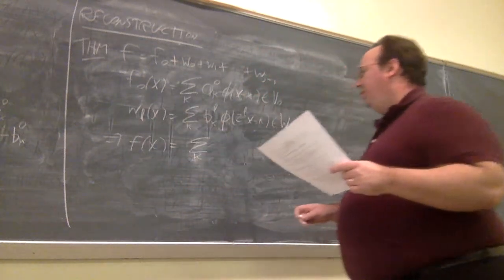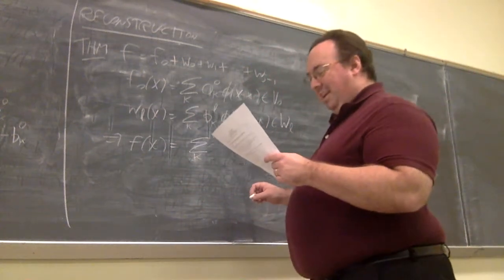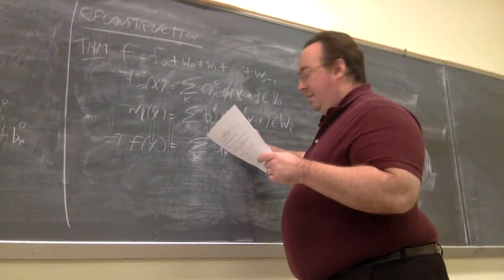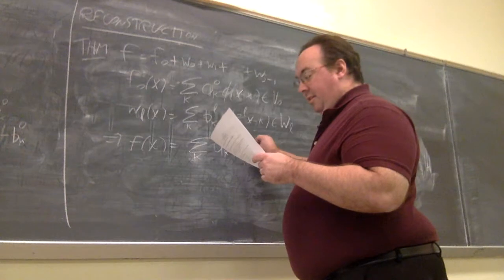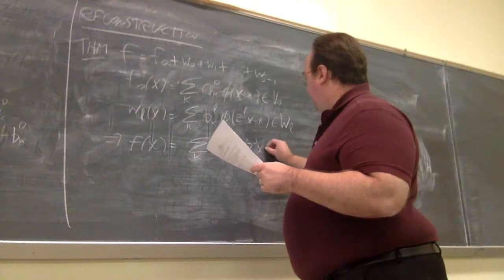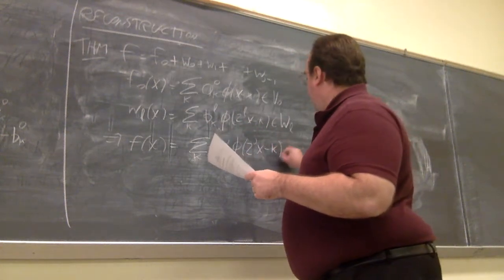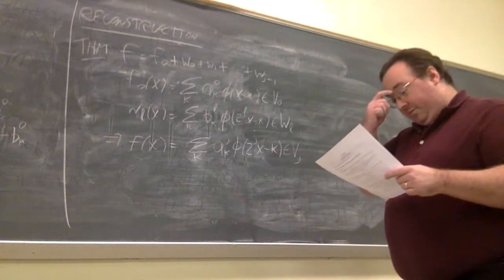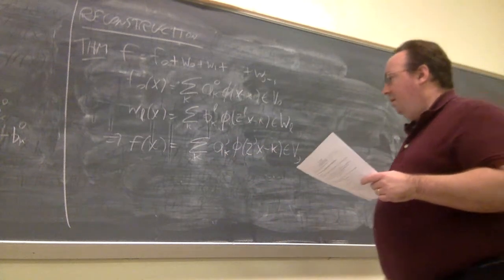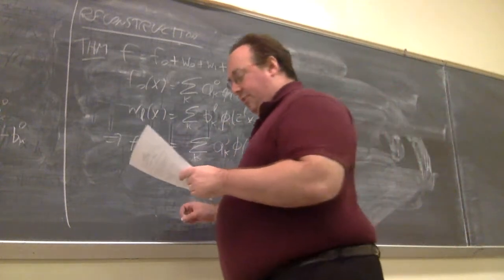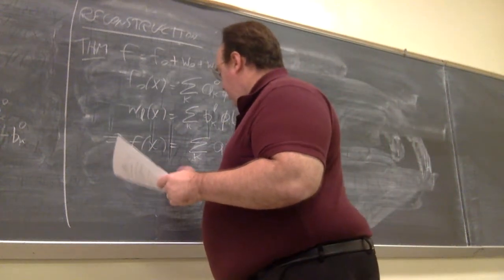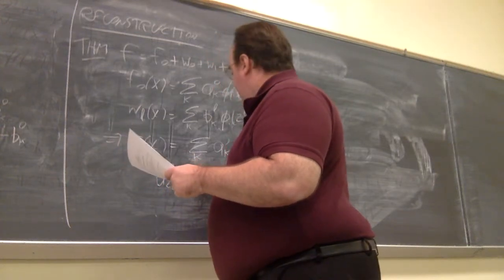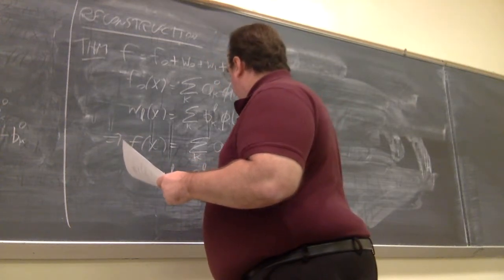I don't know how you guys can read this. I can barely read what I'm writing. AKJ phi 2jx minus k in Vj, where to get the coefficients, A2KL is AKL plus BKL.